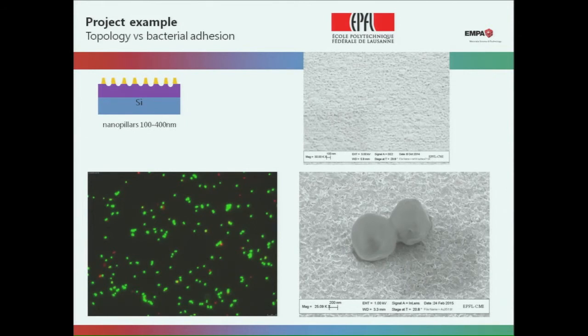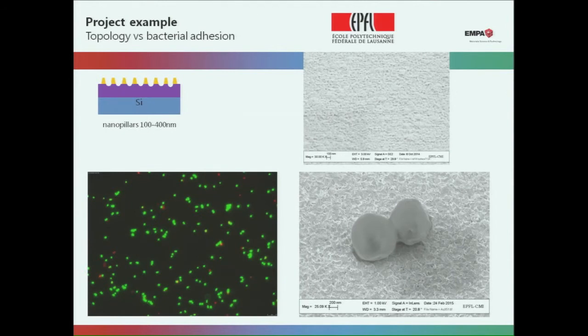This structure was fabricated at EPFL, and our partners there provided us with nanostructured gold surfaces. So these nanostructures are made of gold. This is a silicon substrate, here's a tungsten interface, and here they made gold nanostructures.